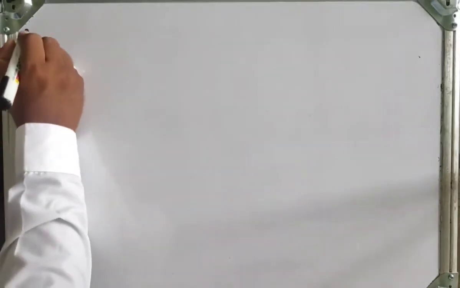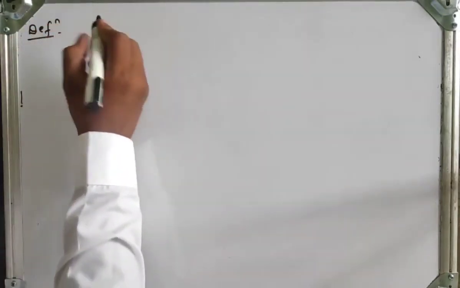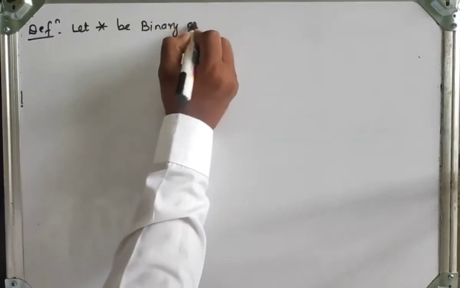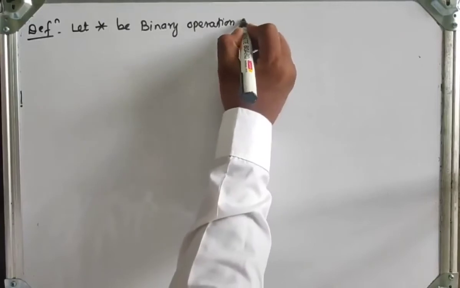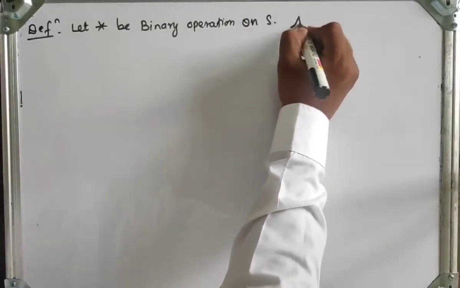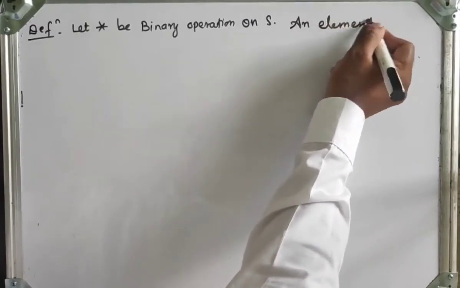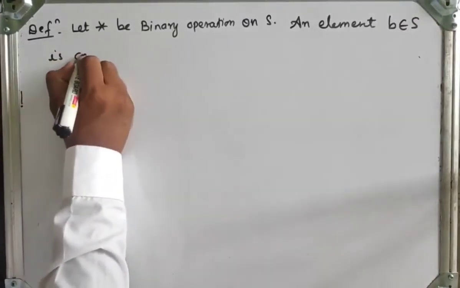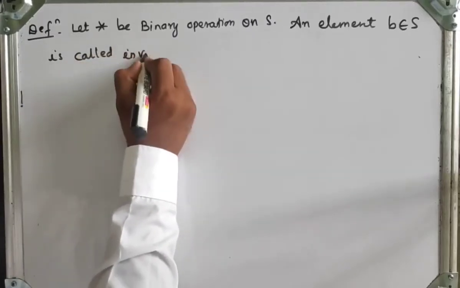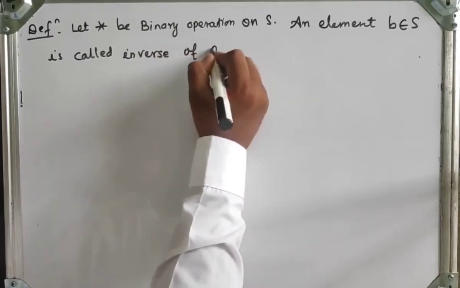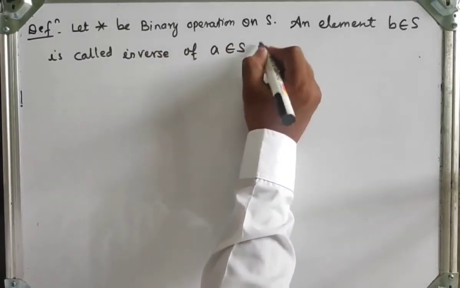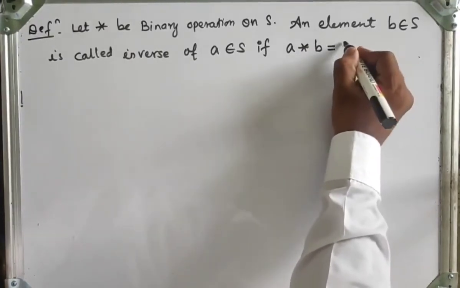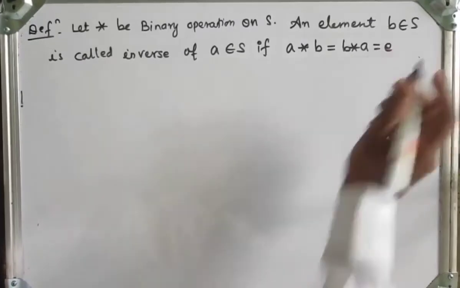So next definition: let star be a binary operation on set S. An element B in set S is called inverse of element A belongs to S if A star B is the same as B star A is equal to identity.